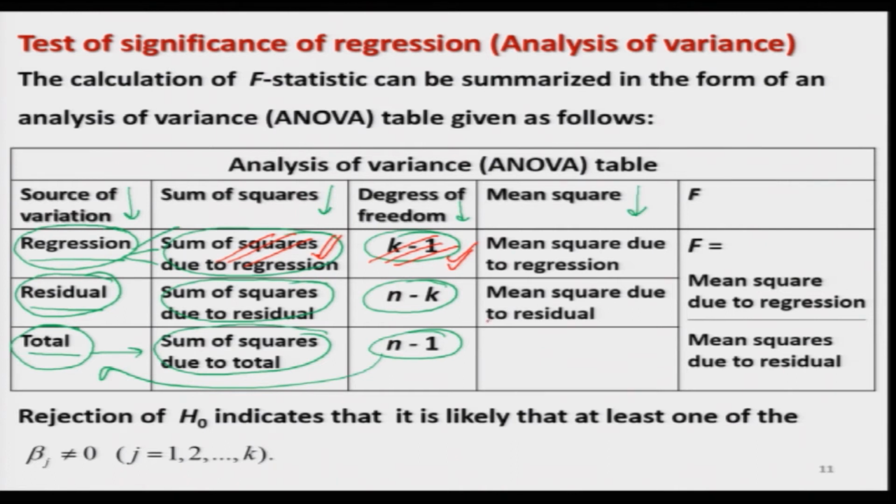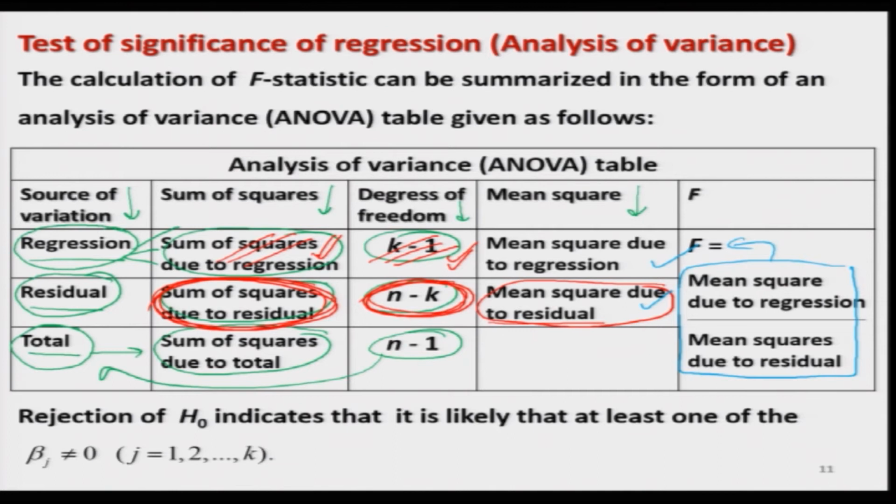Similarly, for the mean square due to residual, you obtain the sum of squares due to residual from here, the degrees of freedom from here, and take the ratio, and you will obtain the mean square due to residual. Once you have obtained the mean square due to regression and the mean square due to residuals, you simply have to take their ratio and you will find the value of the F statistic.